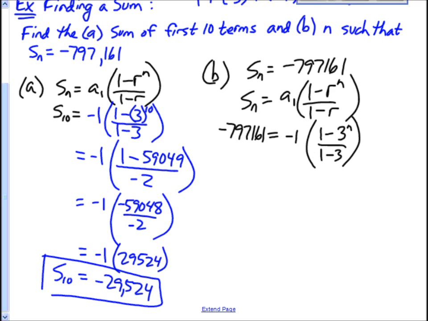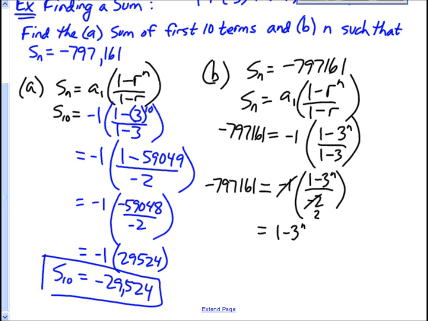Now we're just going to go to town on this and see if we can figure out the algebra. So we got negative 1 times (1 minus 3 to the n) over negative 2. Negative 1 over negative 2 just leaves us with a positive, so (1 minus 3 to the n) all over 2.